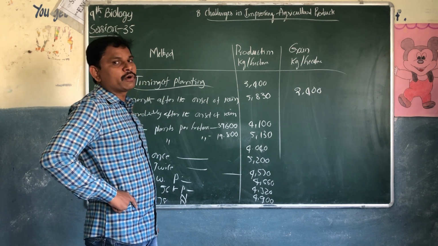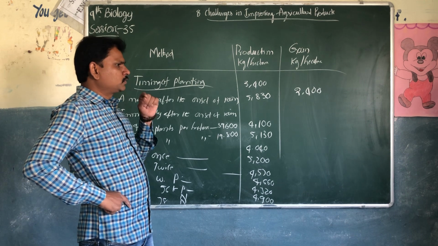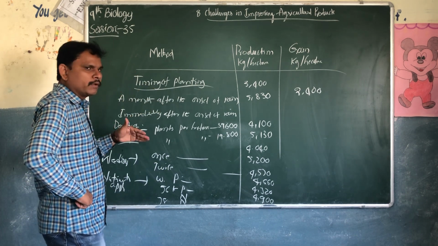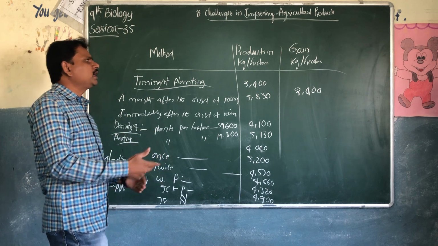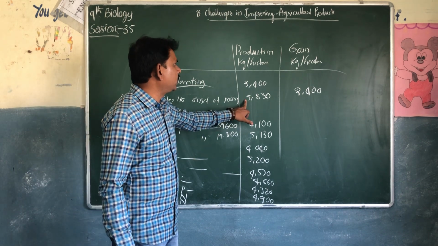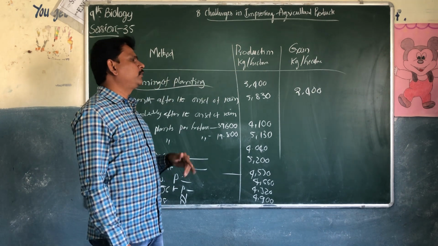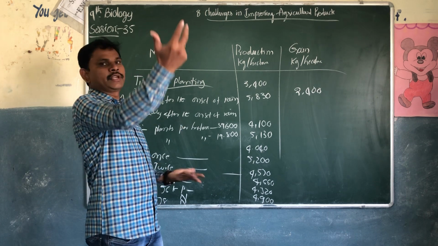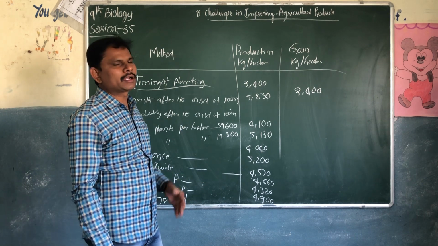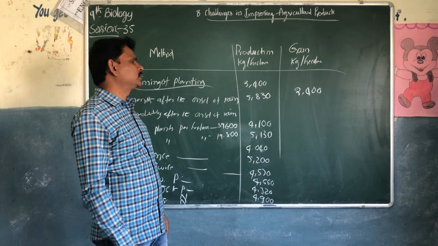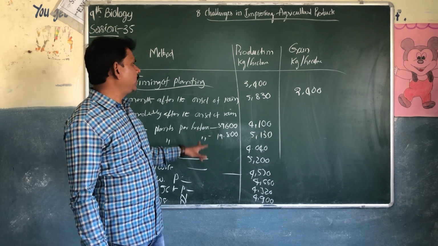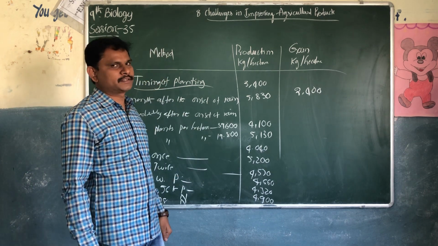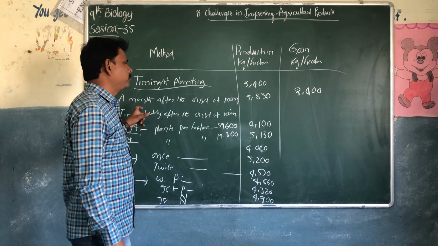Which one is the good method? If you sow the seed immediately after the rain, you get more production. If you start sowing late, you get very less production. The difference between these farmers is 2,400 kg per hectare. So this is the good method.